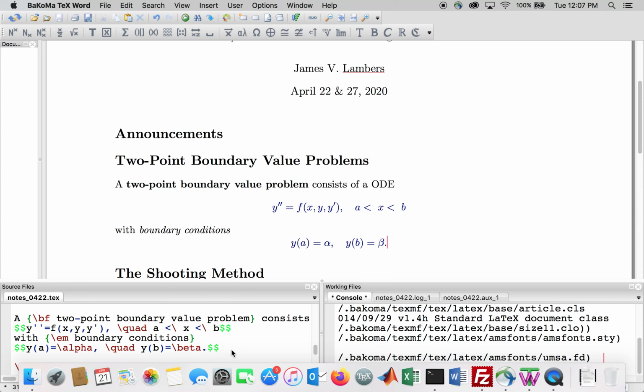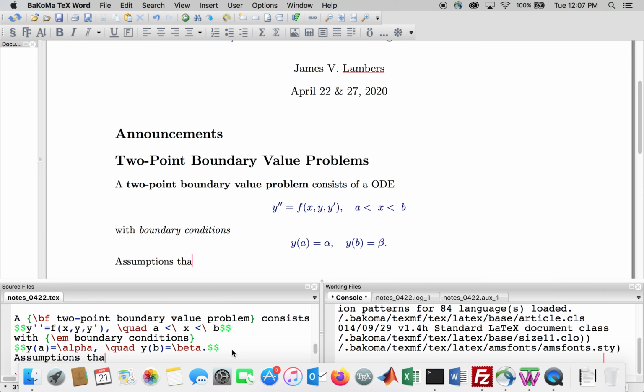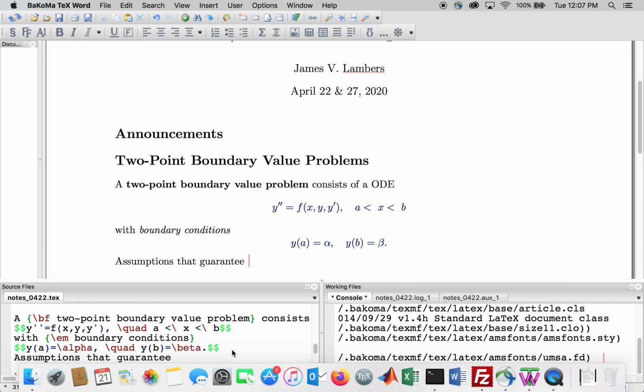Now, before talking about solution methods of any kind, there are some assumptions that we impose to guarantee a unique solution.